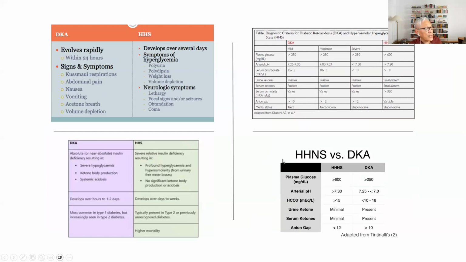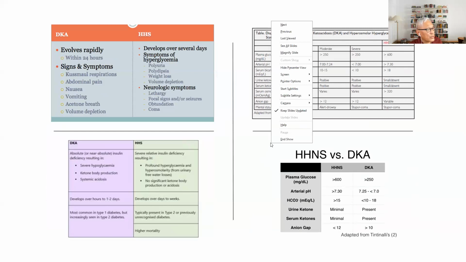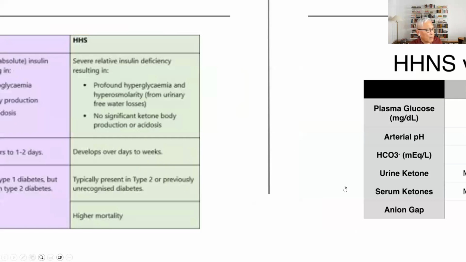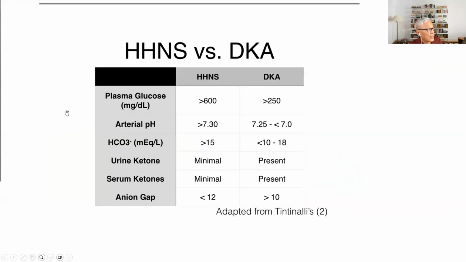All right, let's take a look at the differences as far as laboratories is concerned. And the most important thing is that you're going to have a greater degree of elevation of plasma glucose in HHNS.